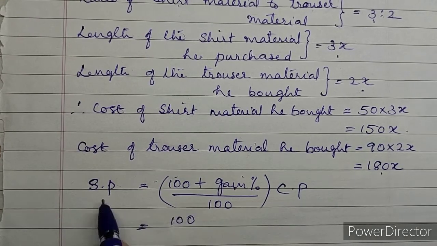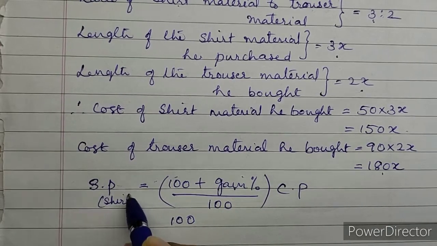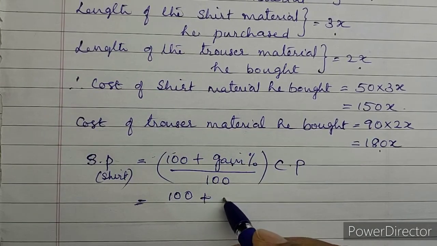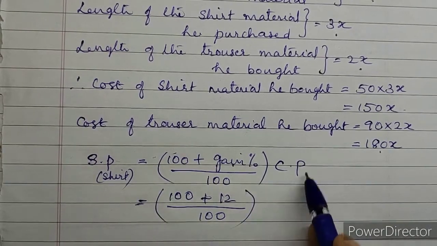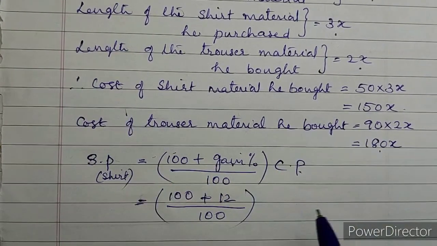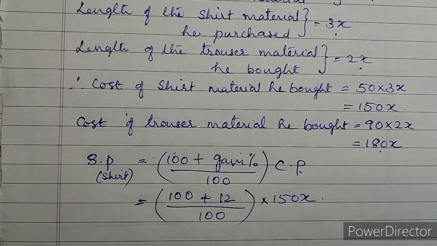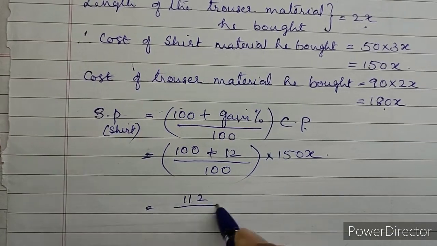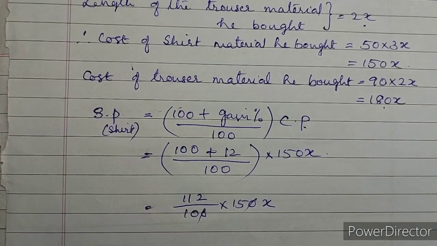So, selling price of shirt equals (100 plus gain percentage, 12) divided by 100 into cost price, cost of shirt material, that is 150x. X value you don't know, so you can find it. That is equal to 100 plus 12, how much? 112 divided by 100 into 150x. 0 you can cancel.